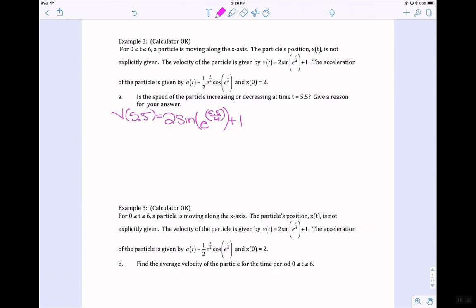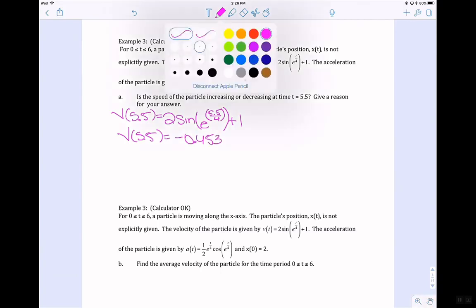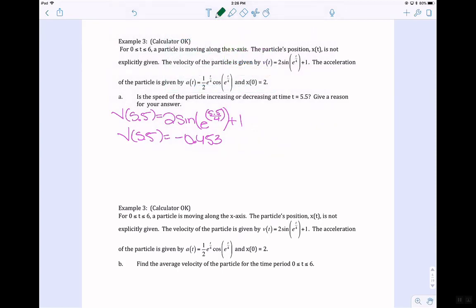So I would do 5.5 divided by 4, then e to the answer, then sine of the answer, then multiply by 2, and then add 1. Okay? So I should get v of 5.5 to be negative 0.453. And then let's do acceleration.